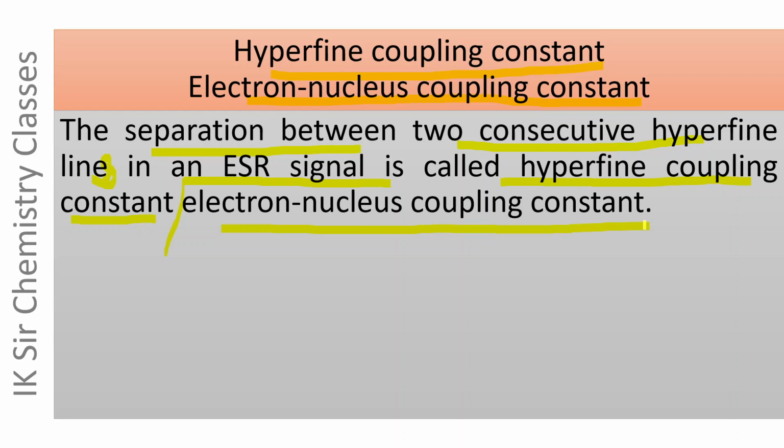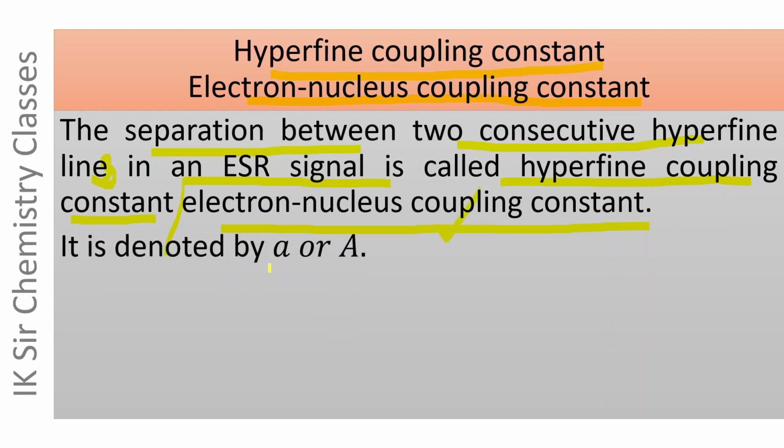Please see it again. The separation between two consecutive hyperfine lines in an ESR signal is called hyperfine coupling constant or electron-nucleus coupling constant.